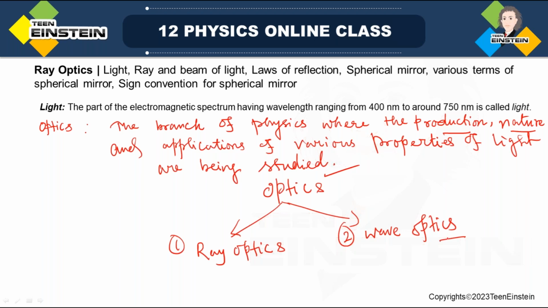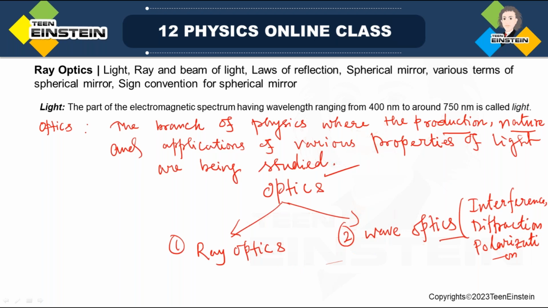Some natural phenomena of light, like interference, diffraction, polarization, etc., could not be explained by the ray concept of light.